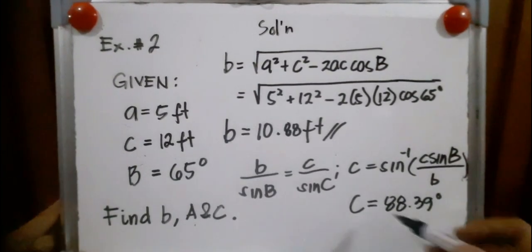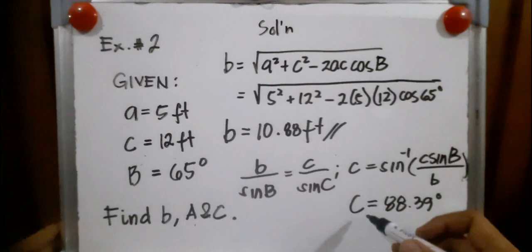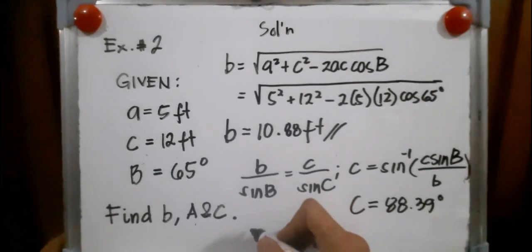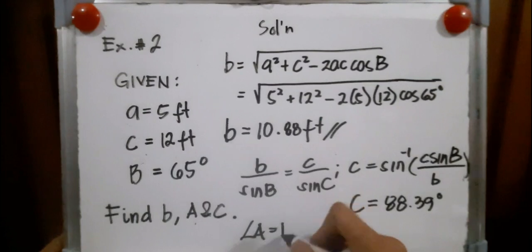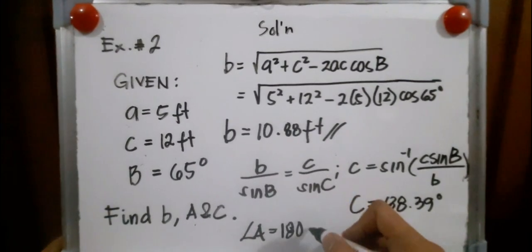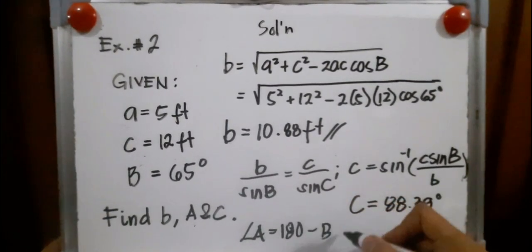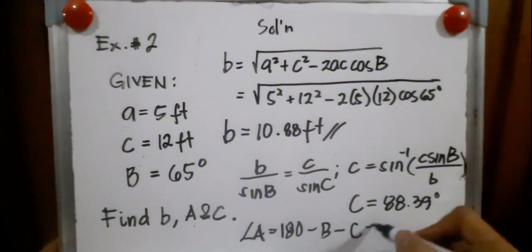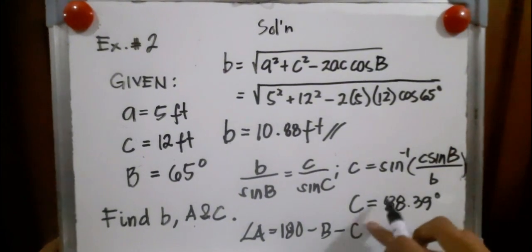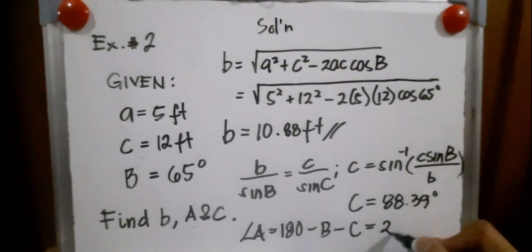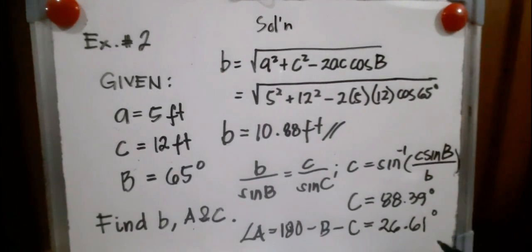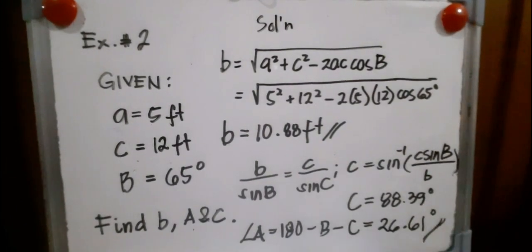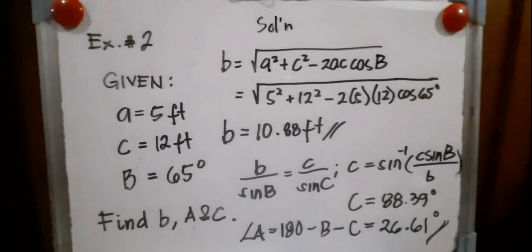That is our angle C. Solving for angle A, it is equal to 180 minus B minus C, and that is equal to 26.61 degrees. That is our angle A. I hope you can follow.